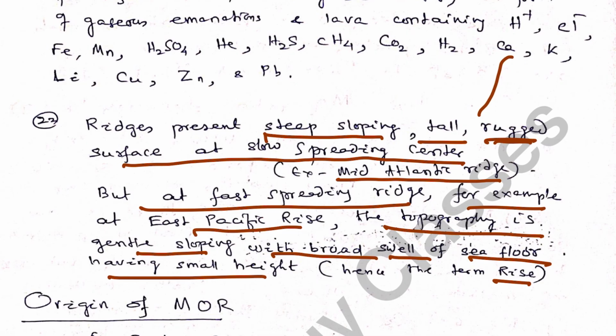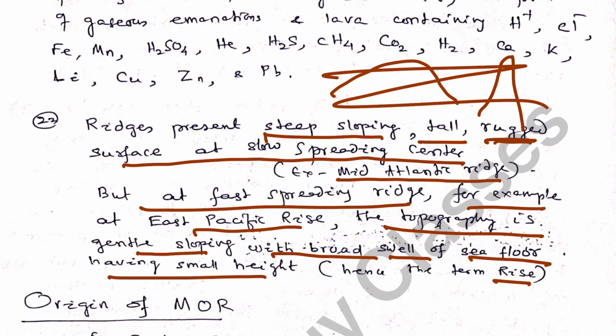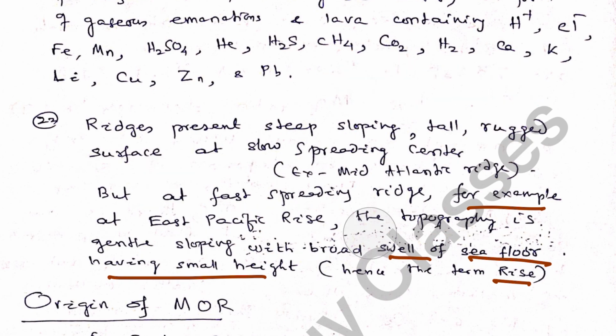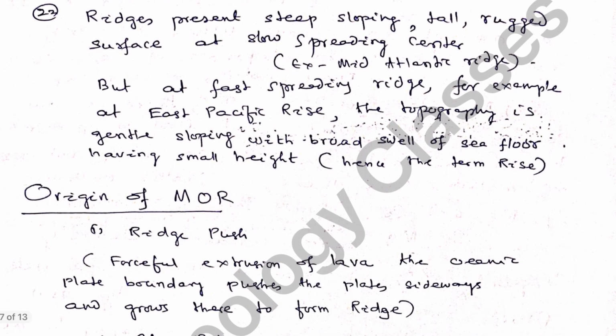It is not very steep. It is gentle sloping. That's why it is called rise. And it is East Pacific rise in case of high spreading rate, or it is associated with high spreading rate. East Pacific rise is noted for high spreading rate. That's why it is presenting a gentle sloping surface. And in case of mid-Atlantic ridge, it is steep, ridge shaped.